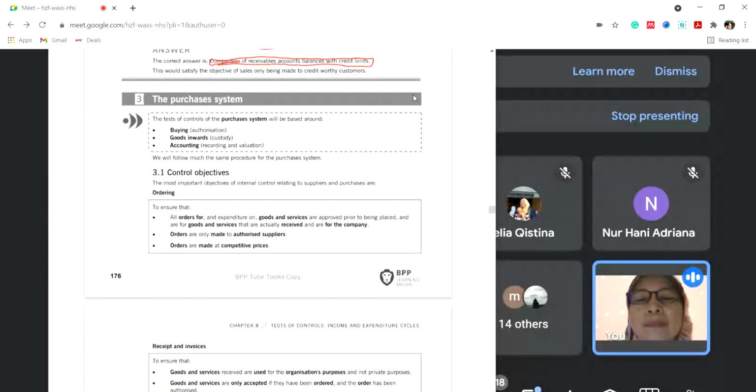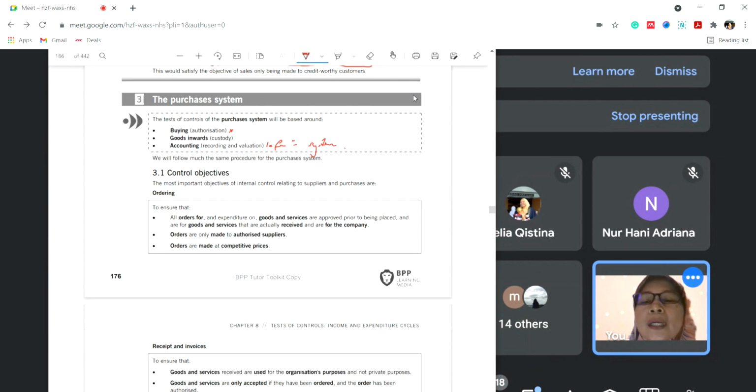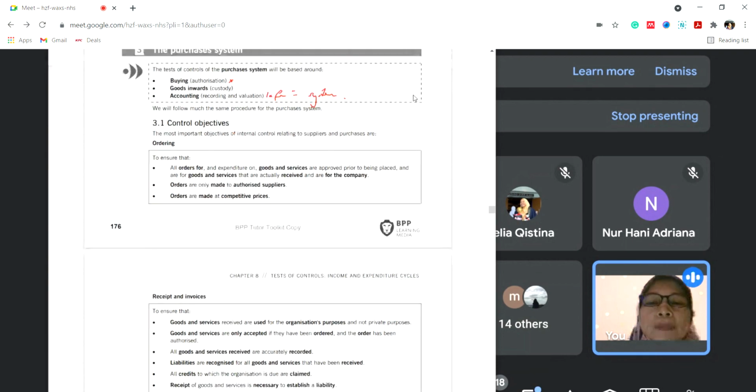The key control that should exist is proper authorization, and how the management implements control over the goods received, and how they record the transaction in the information system. So these are the control objectives.